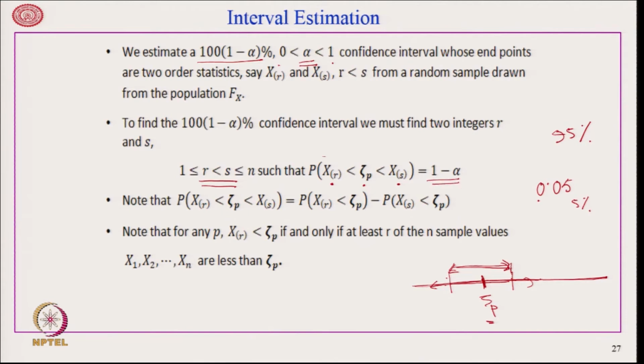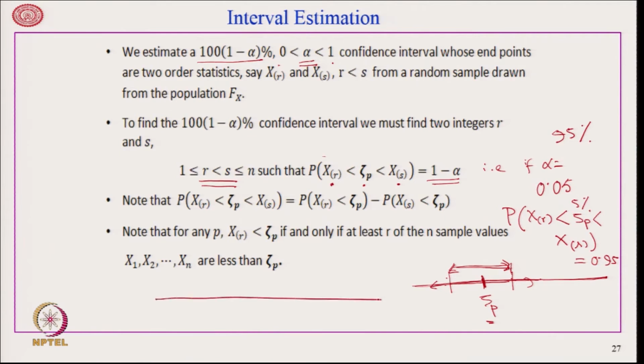That is, if alpha is equal to 0.05, we are looking for the probability that x r less than zeta p less than x s is equal to 0.95. So, our aim is to identify this r and s.